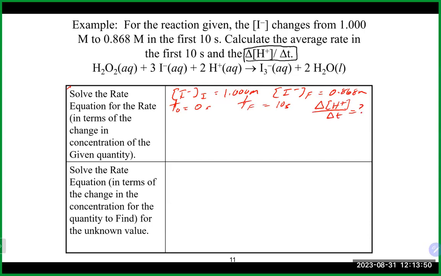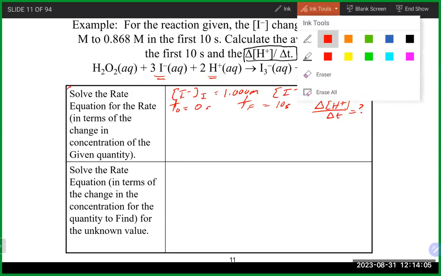There are really 2 things in this reaction that we should focus on. We have some information about our I minus, and we are looking to get to the H plus concentration. So a good place to start would be to write out the 2 rate expressions that go with those.